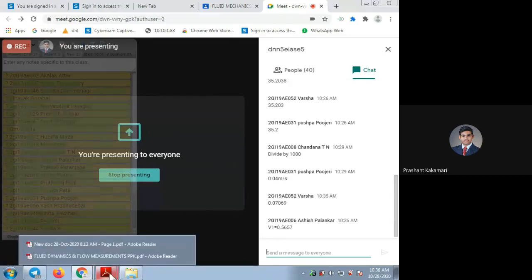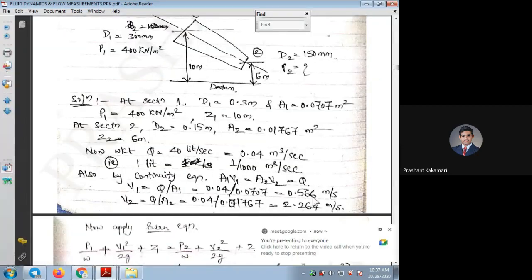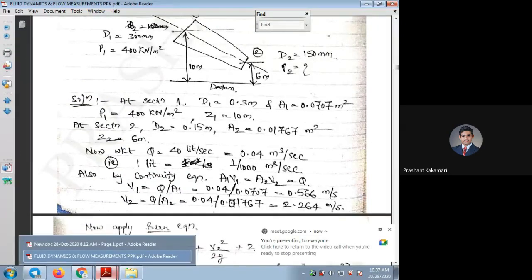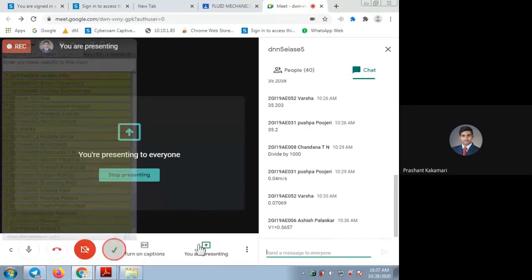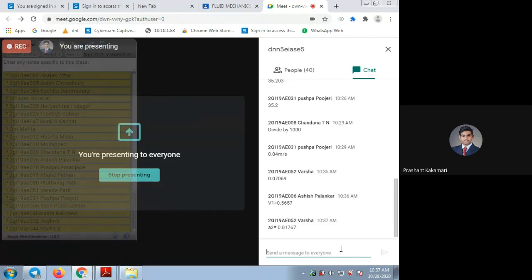V1 is 5.657. Okay, no problem. See, later if any results are wrong, after the IA you don't claim that the same problem was solved in the class and the answer was like this. You need to cross check.